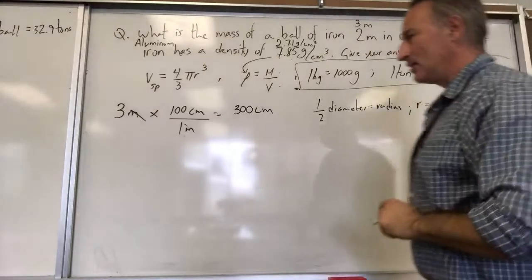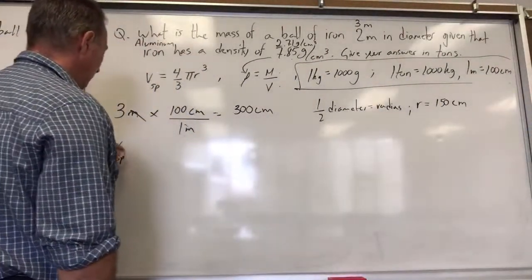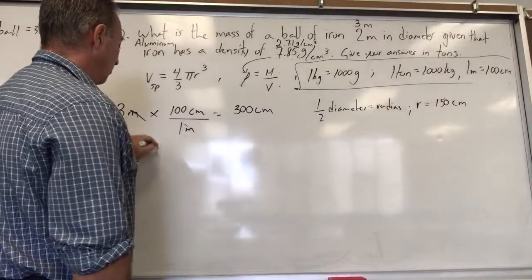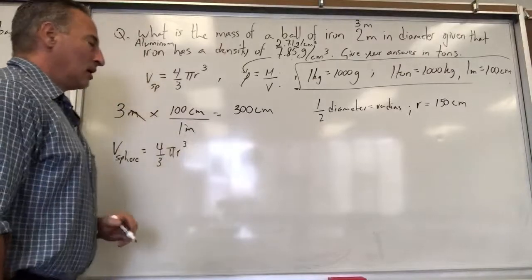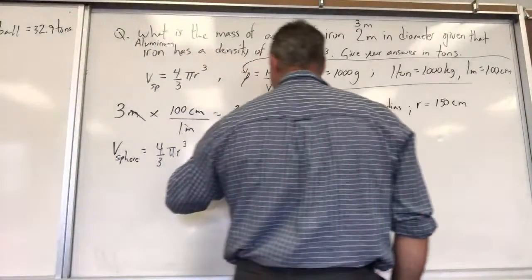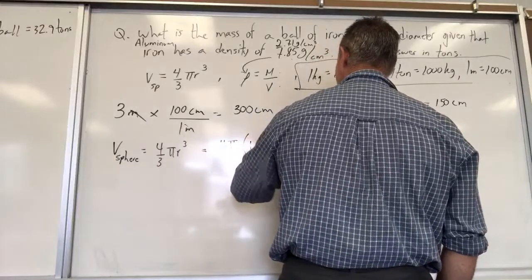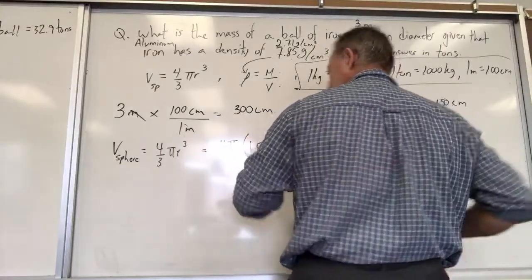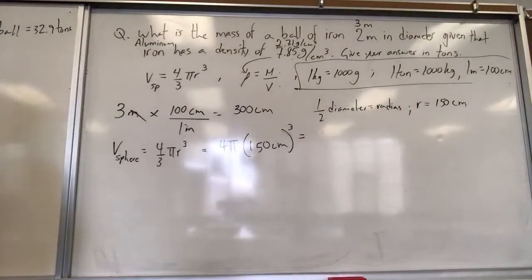Now we can plug that into the volume formula. The volume of a sphere is given by 4/3 pi r cubed. Plug in the numbers: 4/3 times pi times 150 centimeters, all cubed. You can use your calculator to solve that. I can't do that in my head, and I doubt you can either. 150, y to the x, to the power of 3.